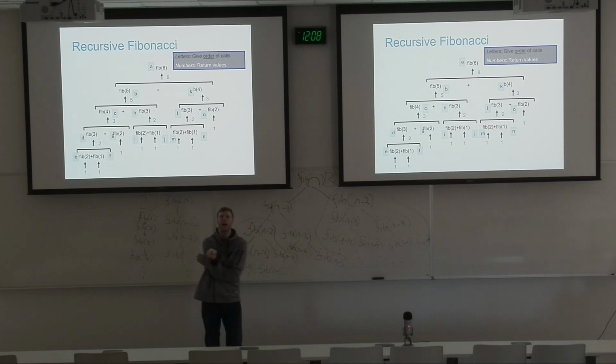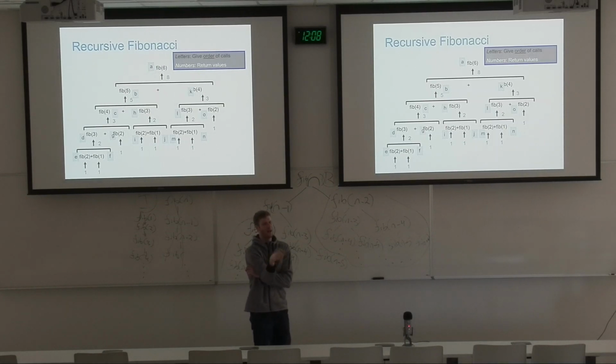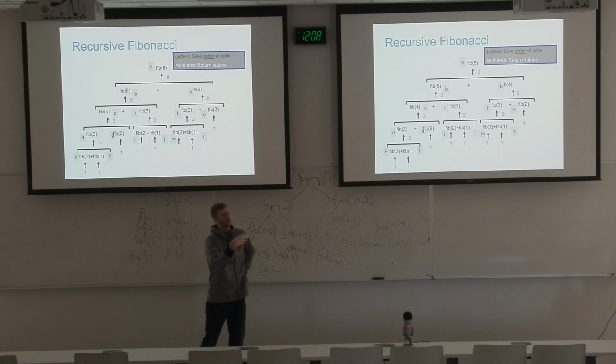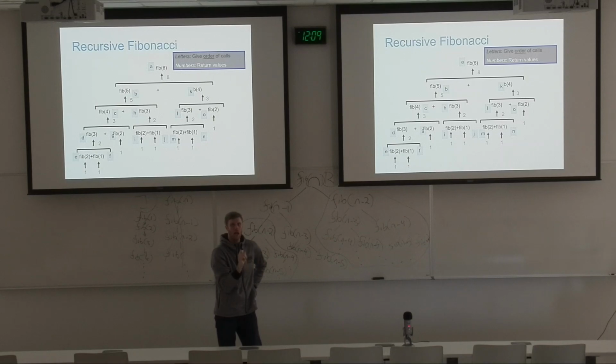Well, I've got n levels. How about for each level, how much more work is being done on the next level? So, okay, on the first level, there's only one thing. How many questions have we asked on the next level? 2.